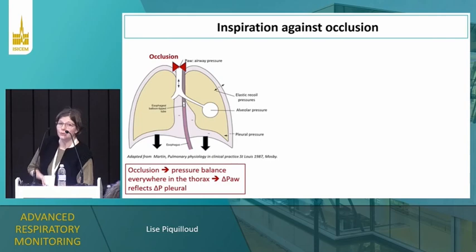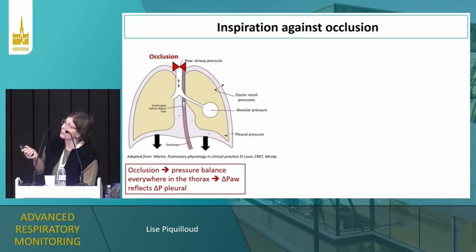But when you occlude the airway, as it's shown here, in fact, you occlude the ventilator circuit with your ventilator, you have an equilibration of the pressures everywhere in the thorax. That means that by looking at the decrease in the pressure in the airway, you assess the decrease in pressure in the alveoli and in the pleura, as long as it's occluded. And that's why it's important to have zero flow.